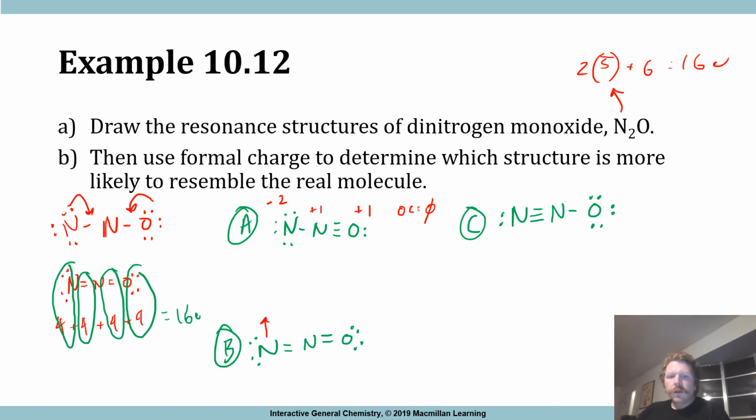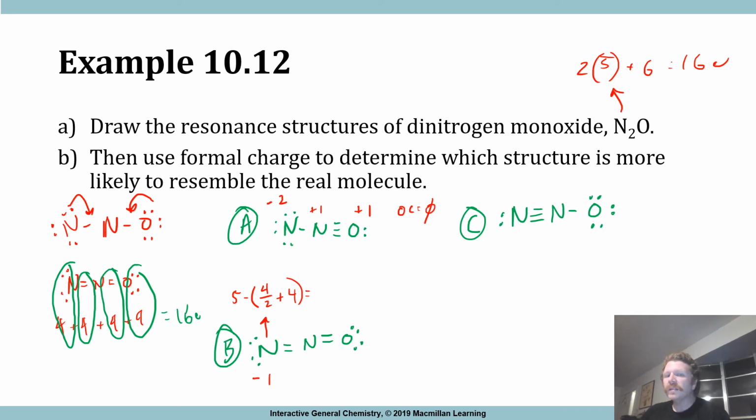This guy, nitrogen's bringing in a total of 5 valence electrons minus shared, which is going to be 4 divided by 2, plus unshared, which is 4. So that's 5 minus 2 plus 4. And that would be 5 minus 6 is -1.